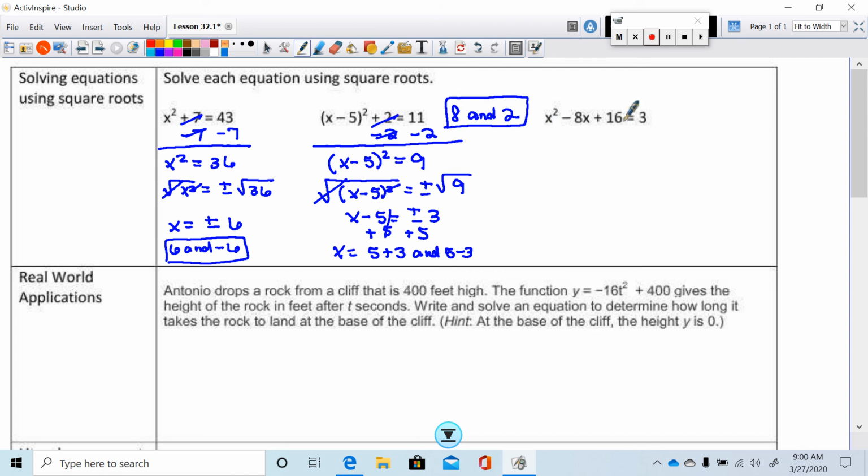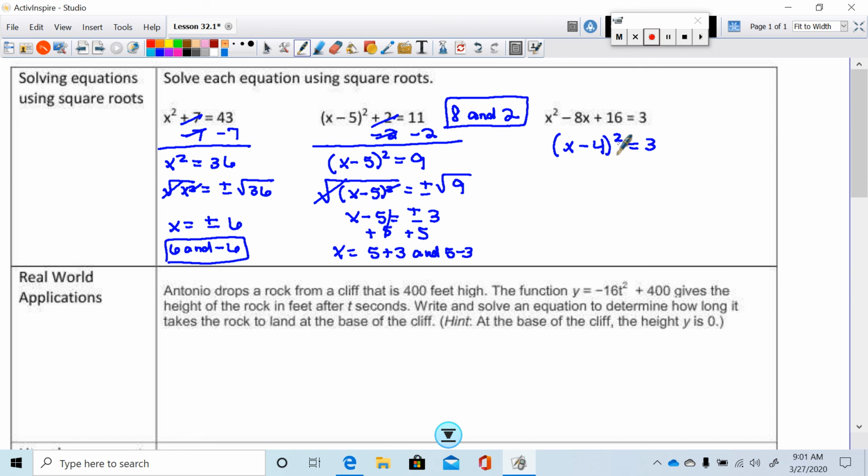Okay, the next one, I am going to go ahead and recognize that this is a perfect square trinomial here. So a perfect square trinomial, you have your x, bring down the sign, take the square root of the last number, 16, square root of 16 is 4, and that's squared. So all I did was factor this trinomial here.